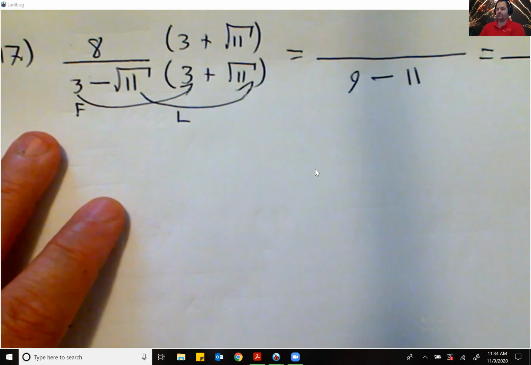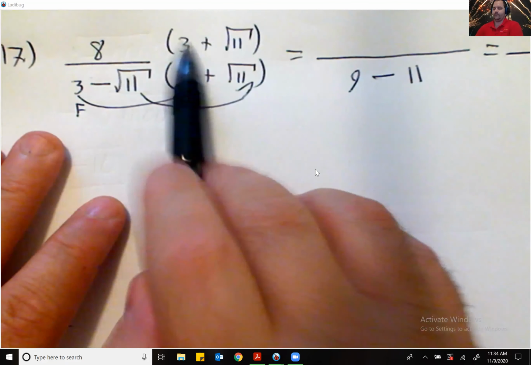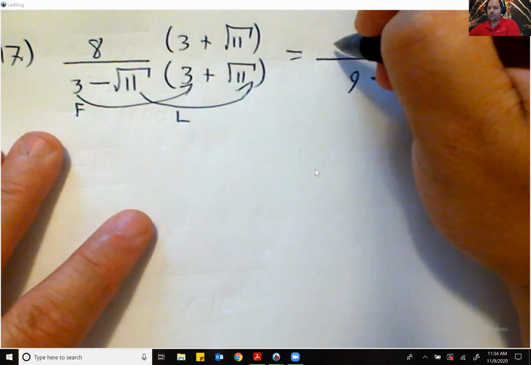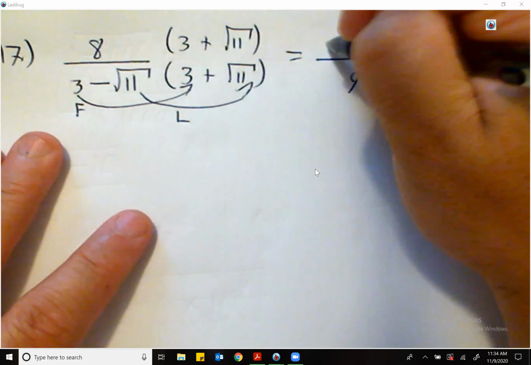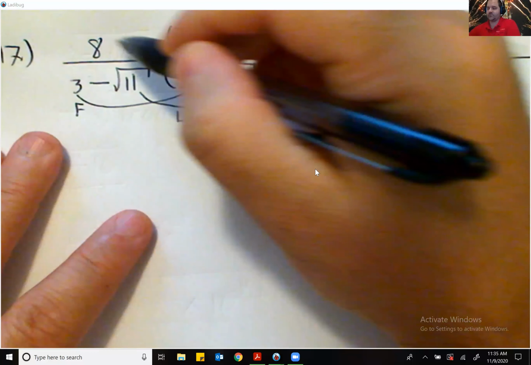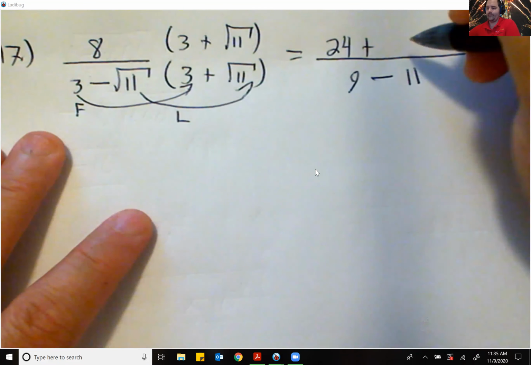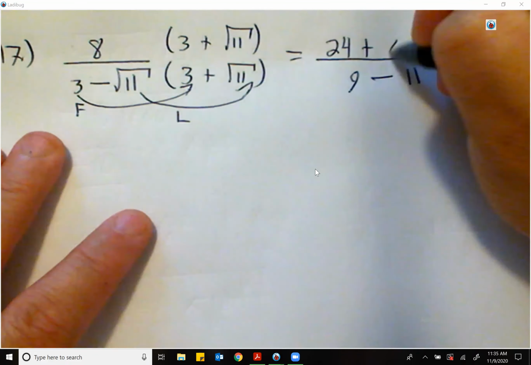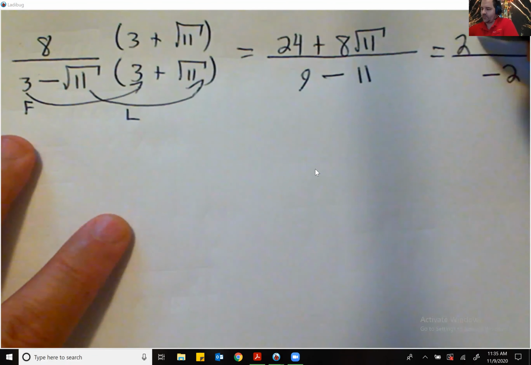Perfect. Now we need to distribute through on top. What's 8 times 3? 24. And what's 8 times the square root of 11? 8 square roots of 11. So this is what we have in our numerator.